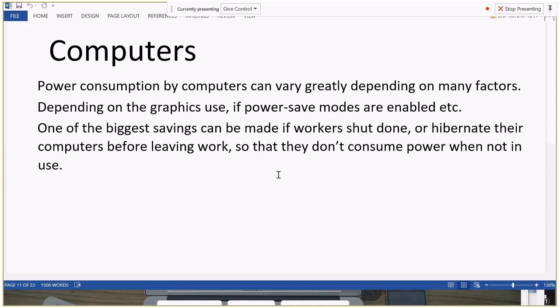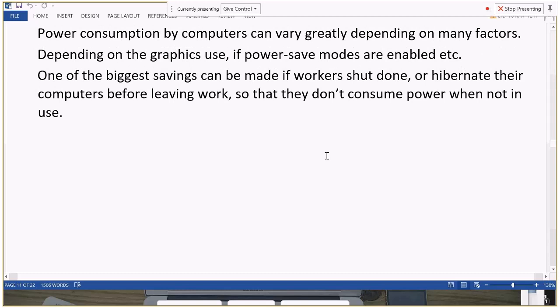Gaming will use a lot of processor. If I'm rendering models, I'm using a lot of processor. So it's hard to actually compare energy use between computers, essentially, because it gets muddled up by how that computer is used. There's a great deal of behaviour that goes into that as well.